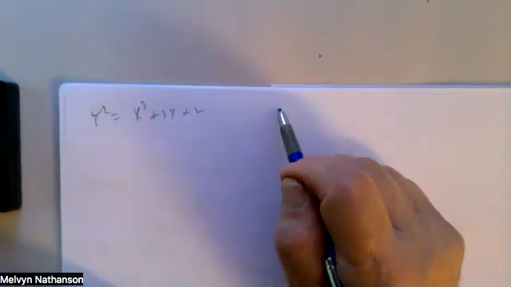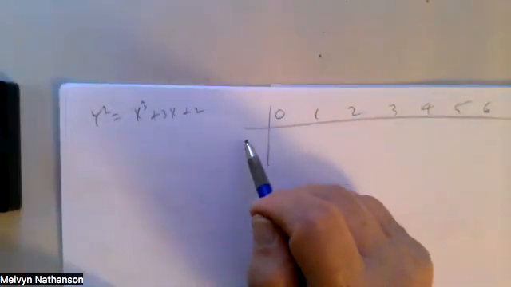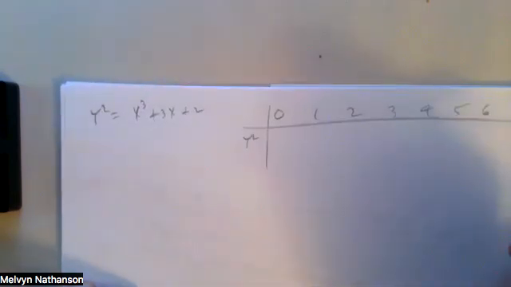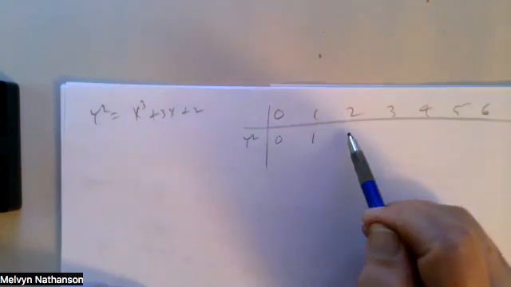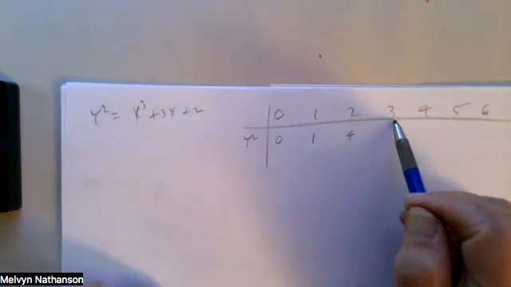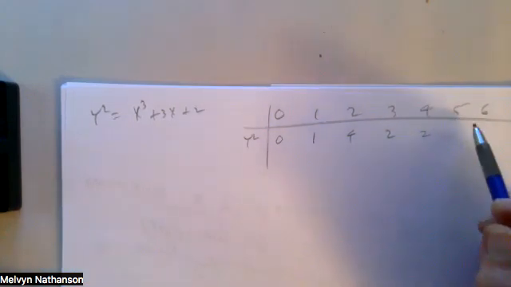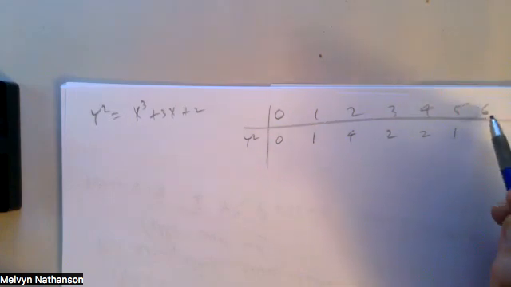So in the field of 7, we have 7 elements, 0, 1, 2, 3, 4, 5, and 6. And for each such element, what is y squared mod 7? So 0 squared is 0, 1 squared is 1, 2 squared is 4, 3 squared is 9, which is 2, 4 squared is 16, which is 2, 5 squared is 25, which is 4 mod 7.